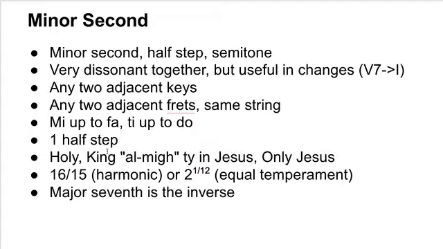There are two places in solfege where that happens: mi to fa, do re mi fa, and then ti up to do. So do re mi fa sol la ti do. On a guitar, it's any two adjacent frets on the same string. In number of half steps, it's one half step.